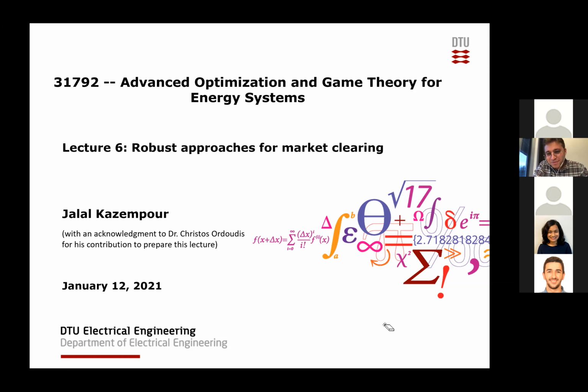Ingrid asked me to explain again the maximization of the outer problem. So the inner problem's objective function is this. We minimize the cost. The objective function of the outer problem is this.